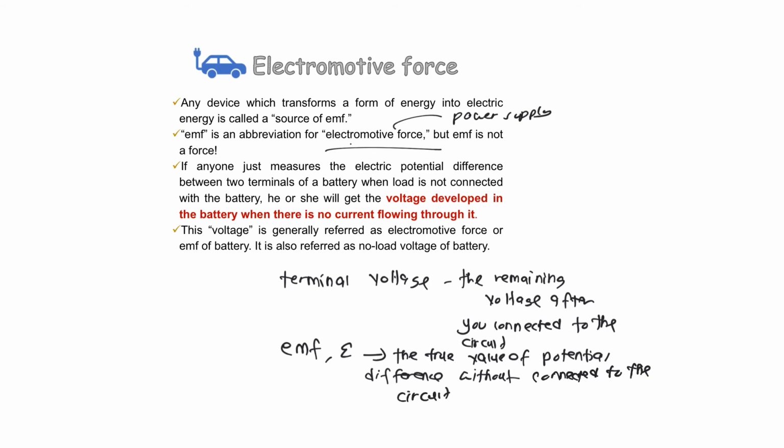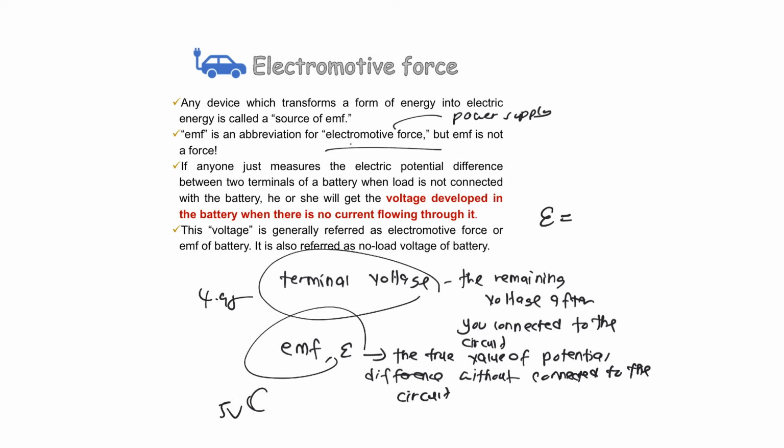Like the example I mentioned before, you bought a battery of 5 volts, that is going to be your EMF, but 4.98 is going to be your terminal voltage. If the question states an ideal voltage source, it means your EMF is your terminal voltage, which is 5 volts, which means there is no internal resistance.